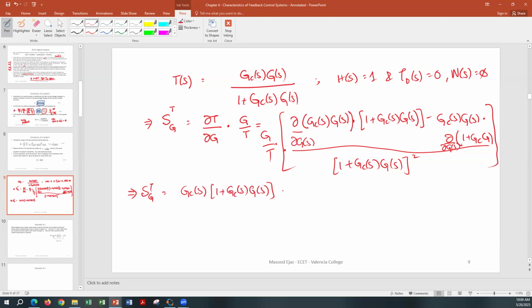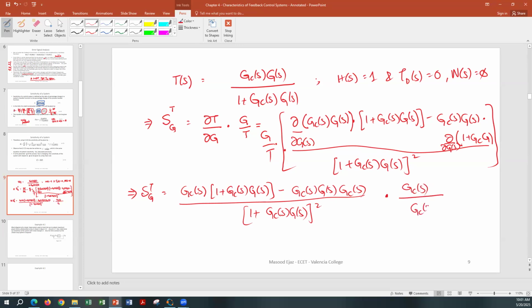And then the second term is going to be minus GC(s)G(s) times the derivative of this, which is again going to be GC(s), divided by 1 plus GC(s)G(s) squared, times G over T. So G is G(s) and T is GC(s)G(s) over 1 plus GC(s)G(s). Now a bunch of stuff is going to cancel out, so don't worry about it.